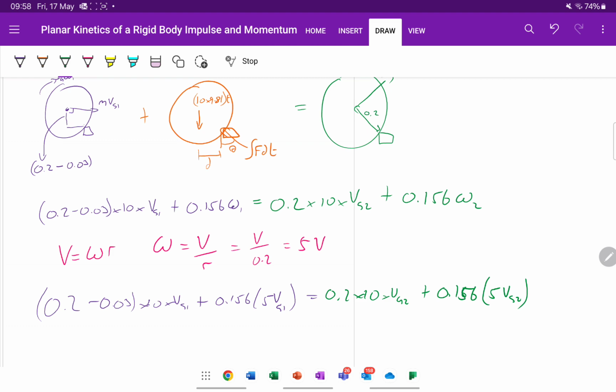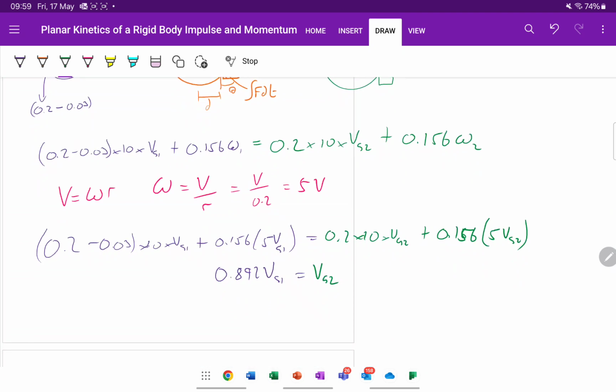We've now got Vg1 and Vg2, so we've still got two terms, but we can simplify it a little bit. So we can say 0.892 Vg1, that's just bunging everything in a calculator, equals Vg2. So I've simplified everything down.